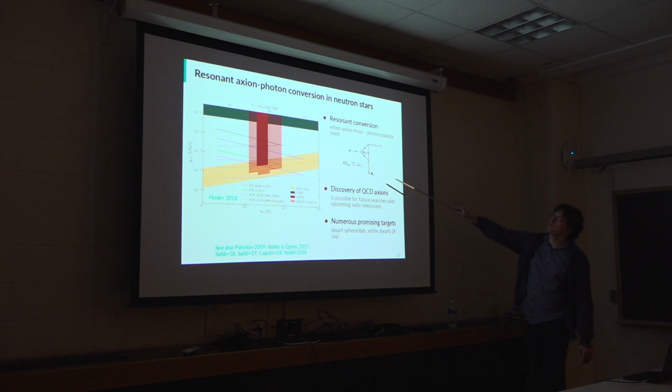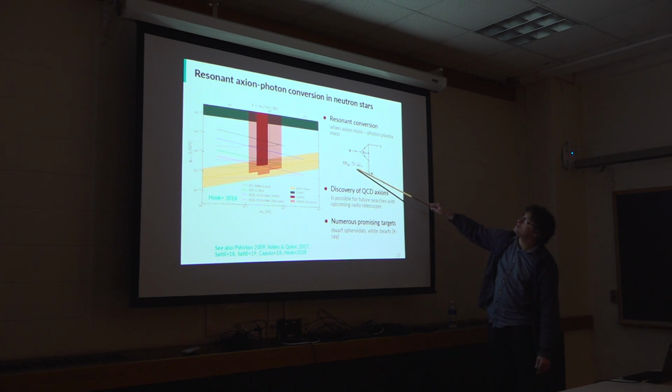And if you look at the photon properties, the photon acquires a plasma mass. For typical densities that you would expect around a neutron star, it happens that there are regions where the axion masses that we are interested in match the plasma frequency of the photon.